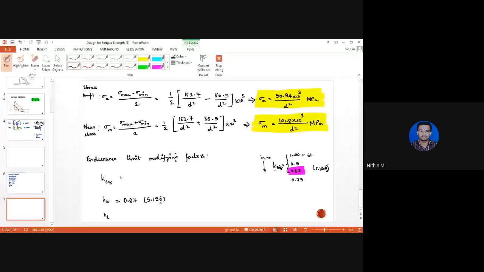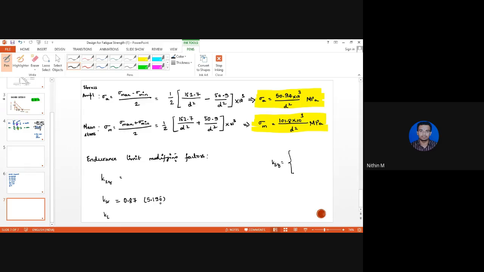Okay, fine. So next, you look at equation 5.19D. In 5.19D they have given you the values for size factor.